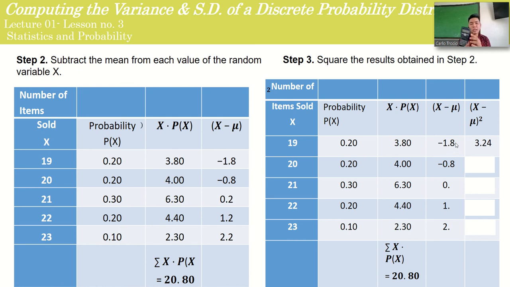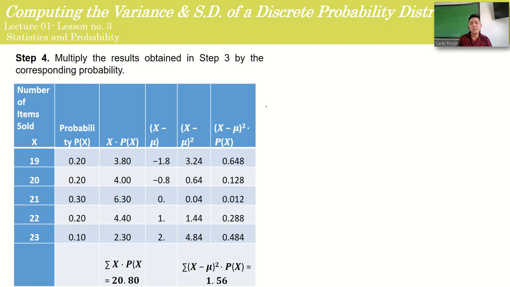You're going to use your calculator, of course, in squaring it. Negative 1.8 squared, that is 3.24. And then negative 0.8 squared, that is 0.64, and so on. And then, of course, it becomes positive because negative times negative is positive.